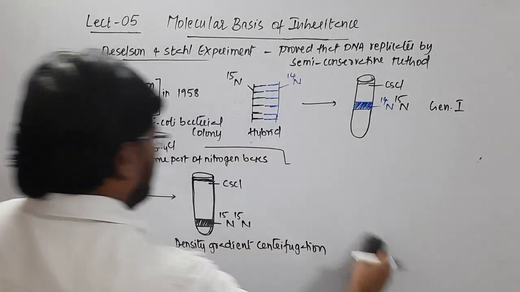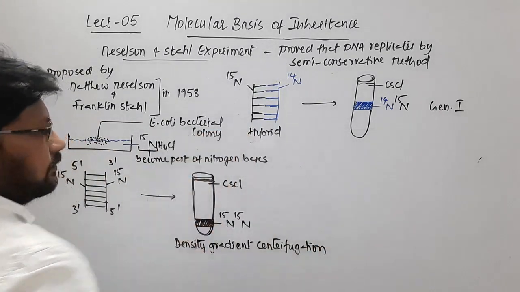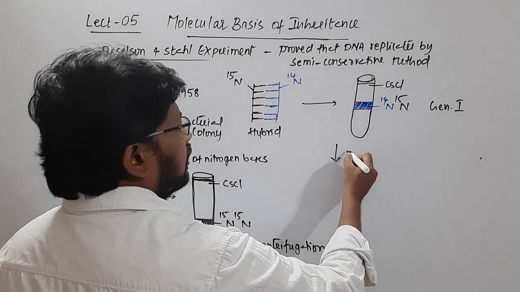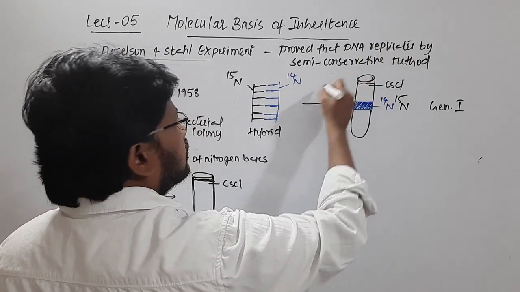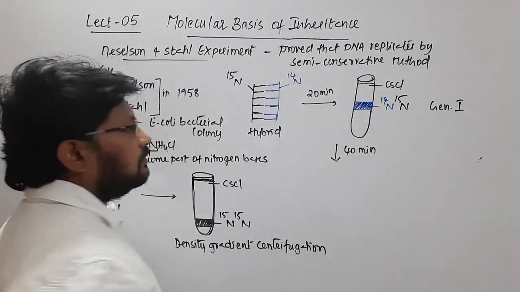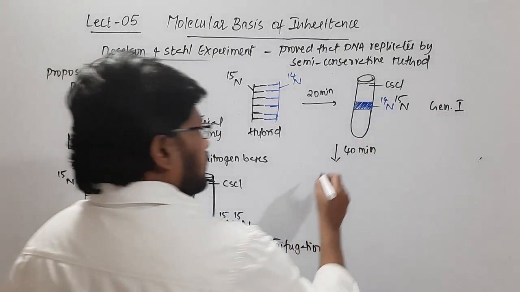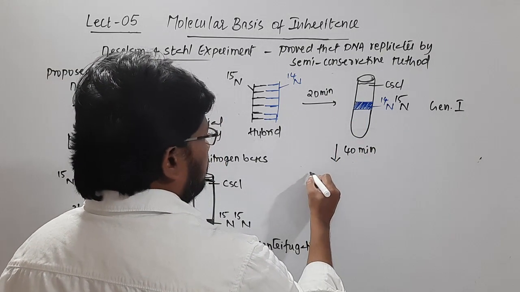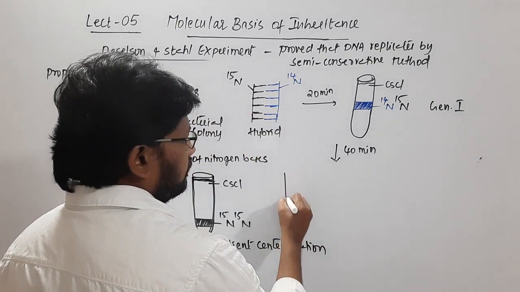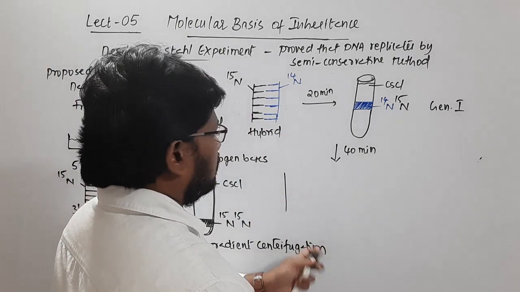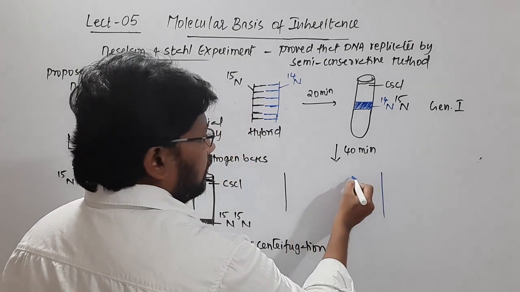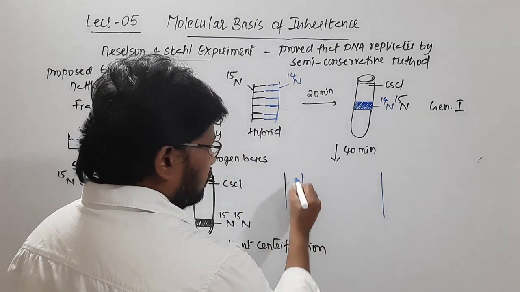So that is 20 more minutes, so here 20 minutes, this I'm going to take as 40 minutes. After the 40 minutes, this strand is going to become, of course, generation 2, and a new strand is going to get synthesized.